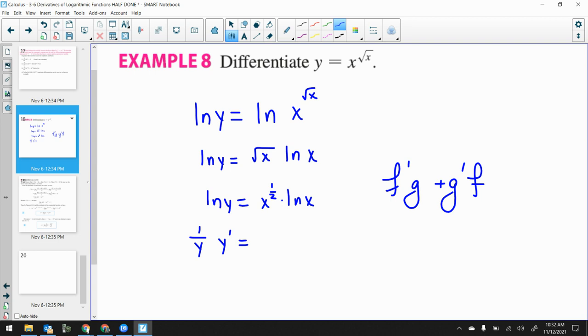So f prime g, 1/2 x to the negative 1/2 times ln of x, plus the derivative of ln, which is 1 over x, times the original x to the 1/2.